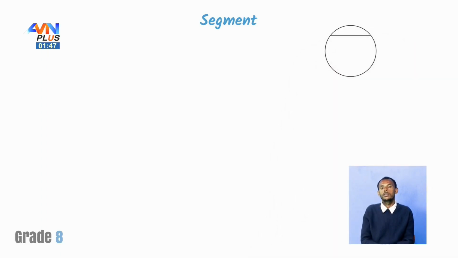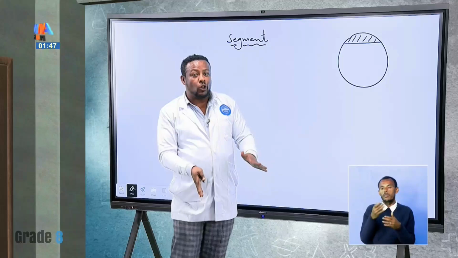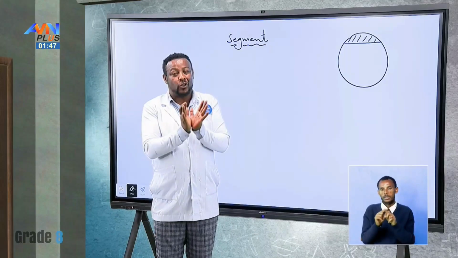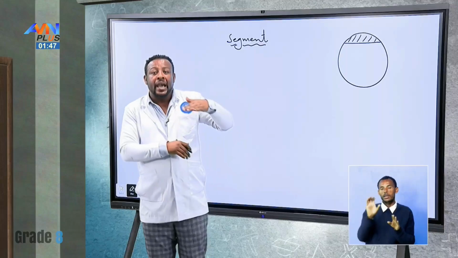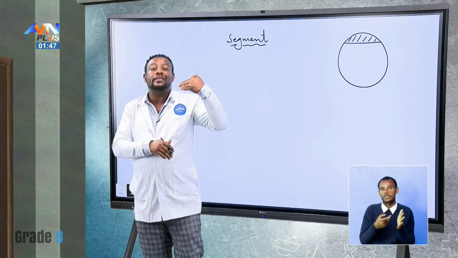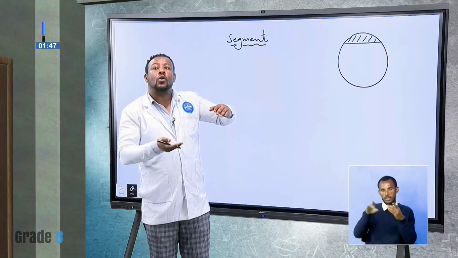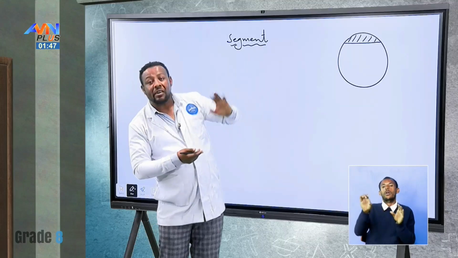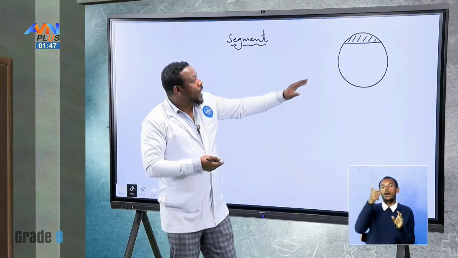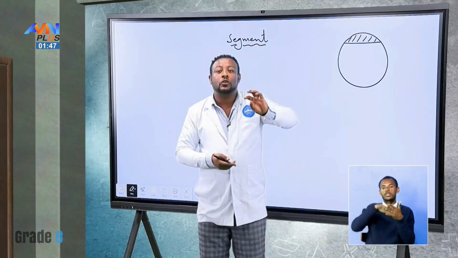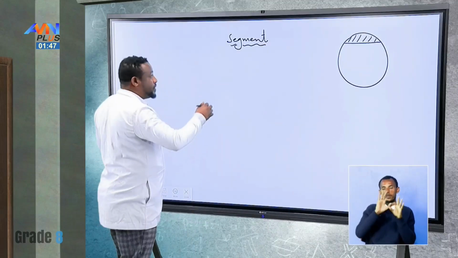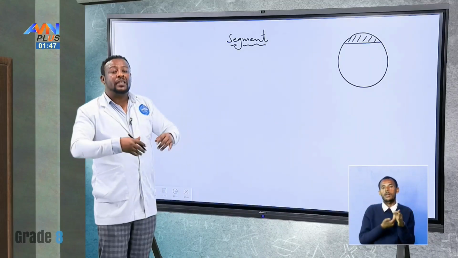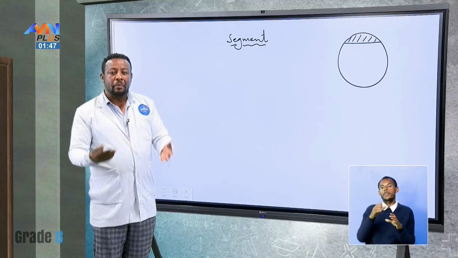In our former terminology, we have seen a sector which is enclosed by two radii and an arc. But a segment of a circle is a region enclosed by a chord and an arc, right? So this shaded region is considered as a sector based on our definition. So let me put the definition first. Then we classify segment as major and minor.